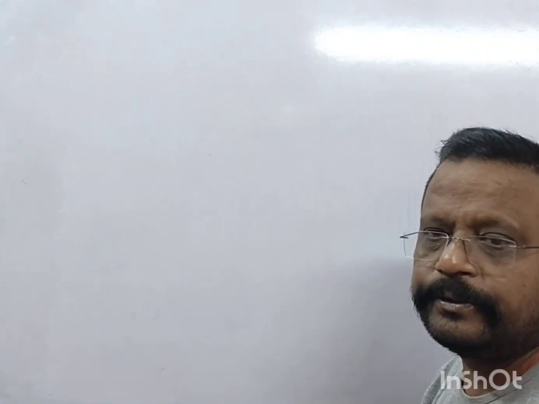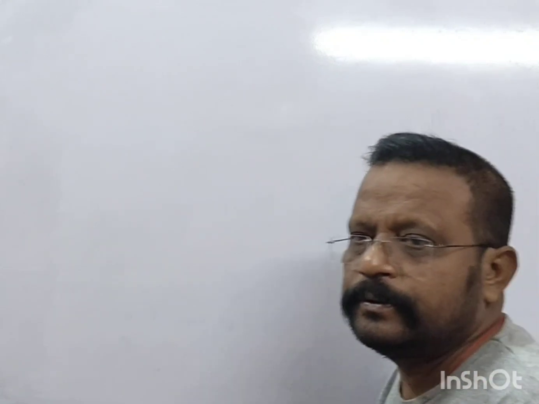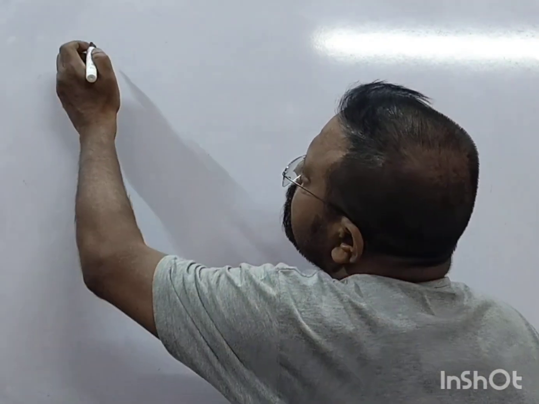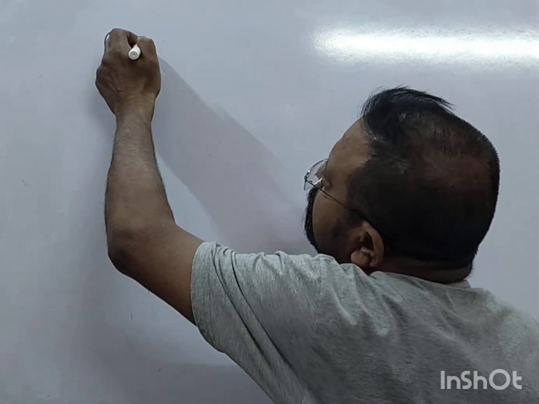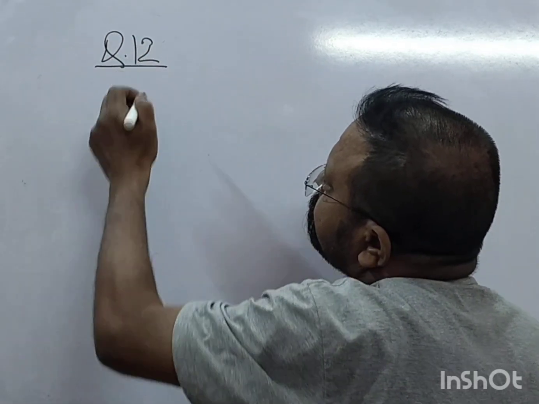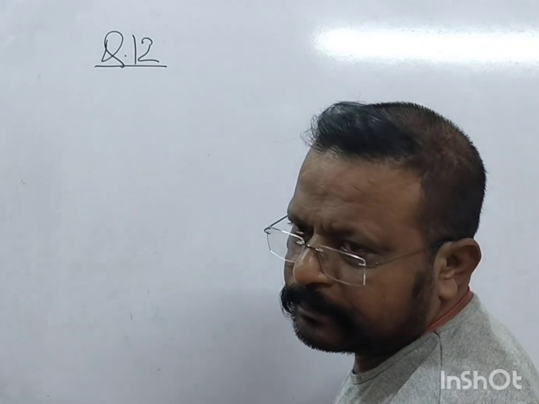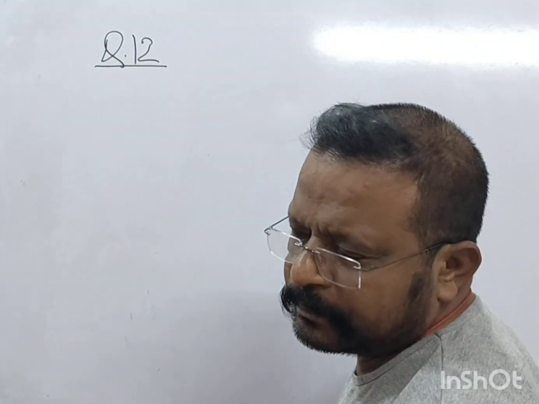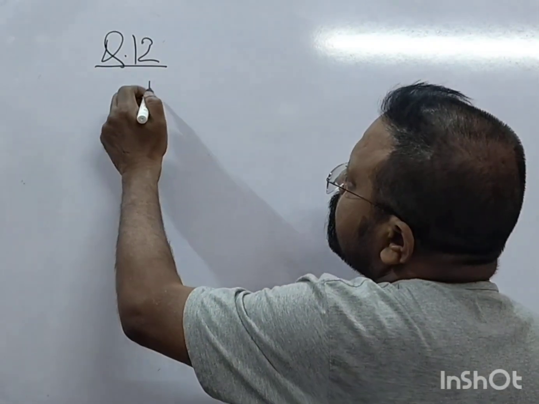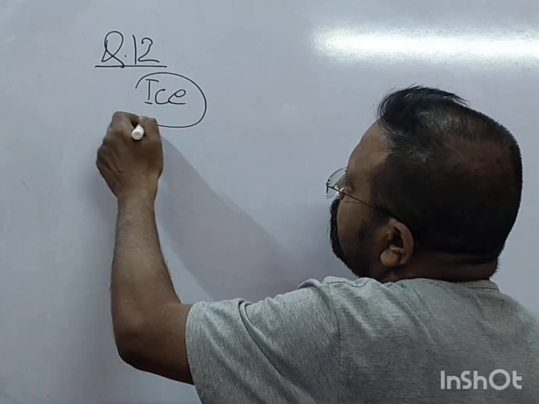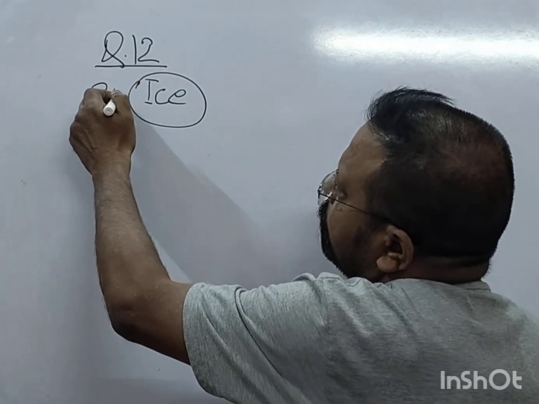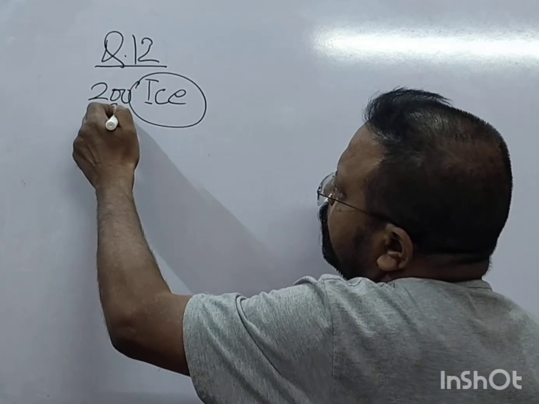Question number 12. What is that? 200 gram of ice. Ice is at 0 degrees Celsius, 200 gram, right?